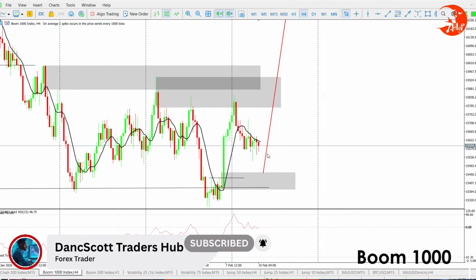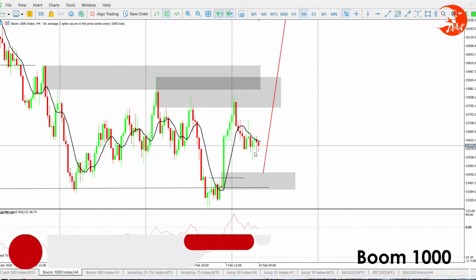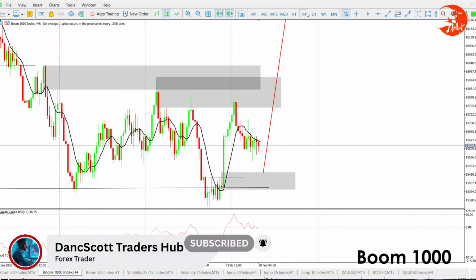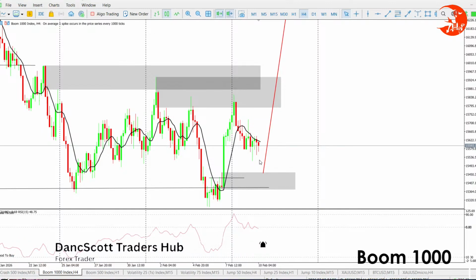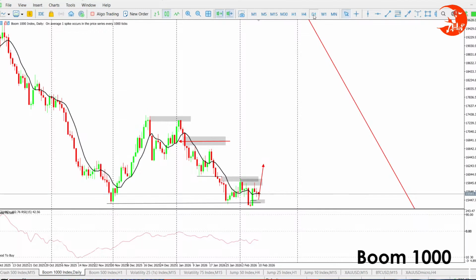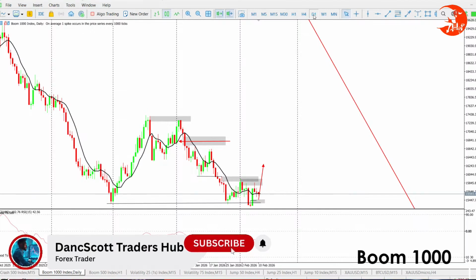No. This is a lot of rejection coming in from buyers. No, it's not valid. But then there's also rejection coming in from sellers here before it mitigated the fair value gap, then moved. Now we are seeing rejection. What is happening here? Why is it having a lot of confusion?